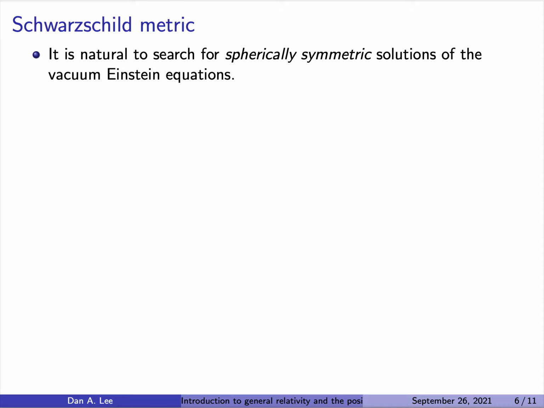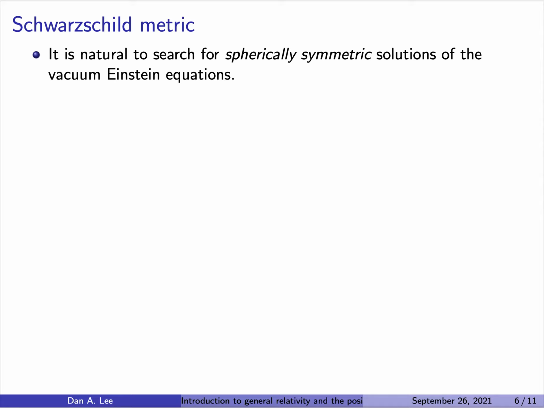But physically, it's also very natural, because physically you imagine, okay, what's a simple physical situation you'd want to model? Well, what if you just have a planet or a star, which very approximately is spherically symmetric? Well, inside the star might be tricky to solve or think about what the stress energy tensor is doing, but what's really clear is outside the star is vacuum, right?